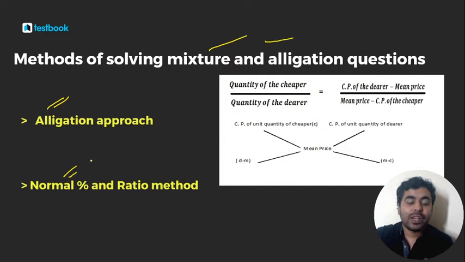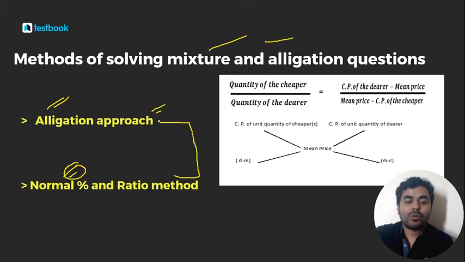Sometimes these methods also act as time savers. So in some questions, instead of using the allegation approach, we use the general, normal and ratio method. So these two approaches we are going to use.